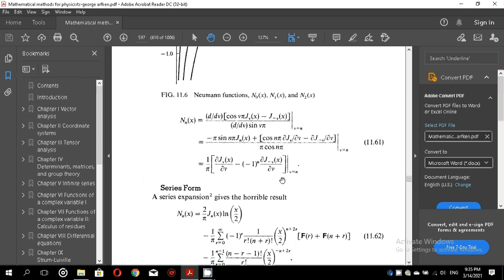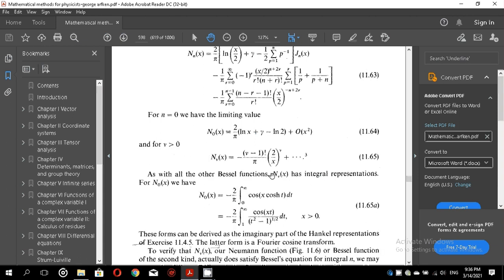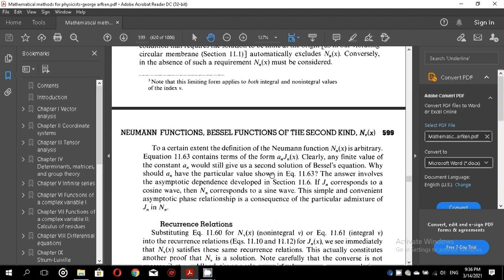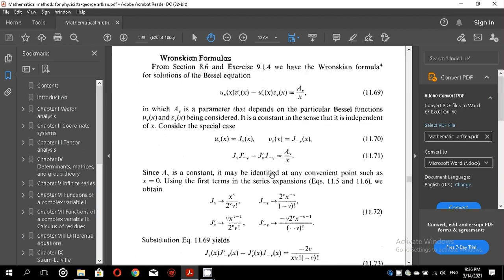So the Newman function as defined by this equation can be shown to satisfy the Bessel's differential equation, and these steps can also be seen from my notes.